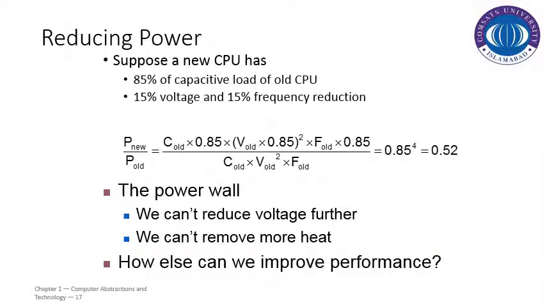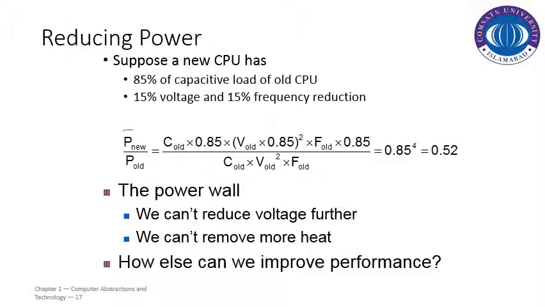So to reduce the power, suppose that a new CPU has 85% of the capacitive load of the old CPU, and we've got a 15% reduction in voltage and a 15% reduction in frequency. By what factor is the power consumption reduced in this example?